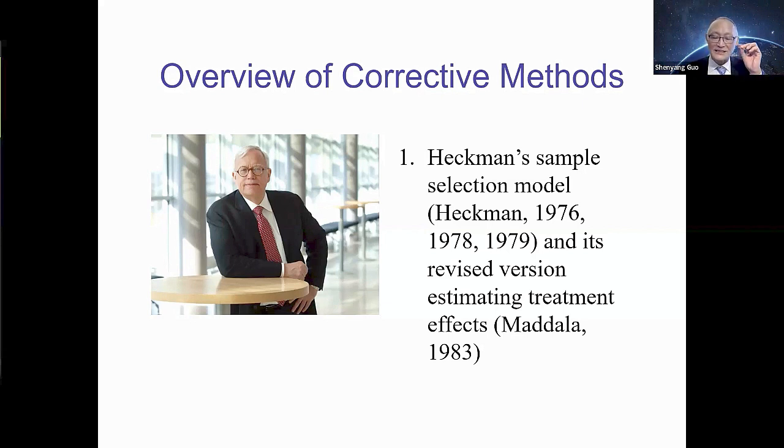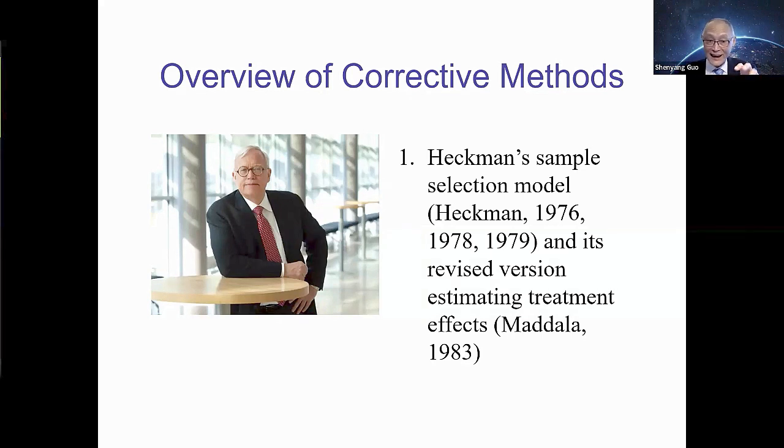The selection equation is basically similar to the propensity score matching model developed five years later by Paul Rosenbaum and Donald Rubin.